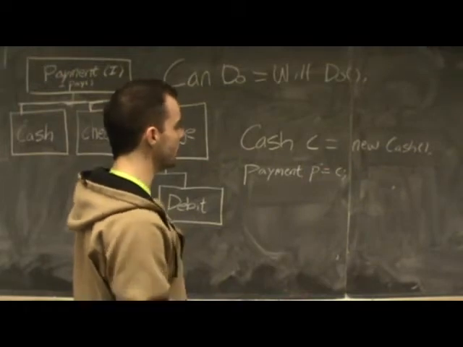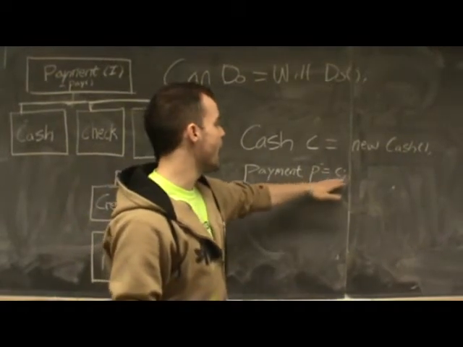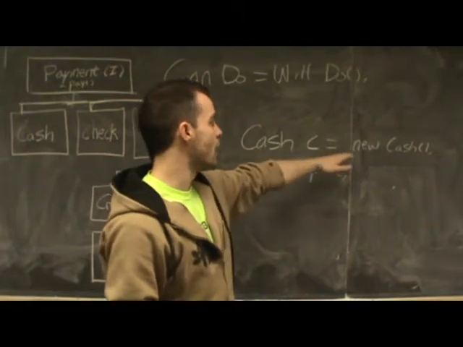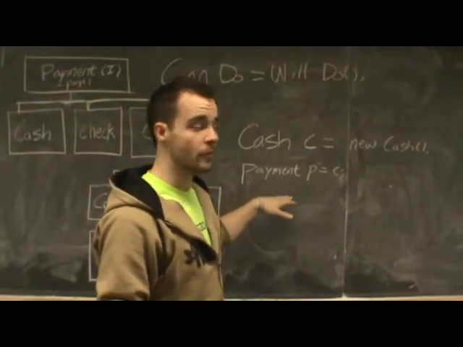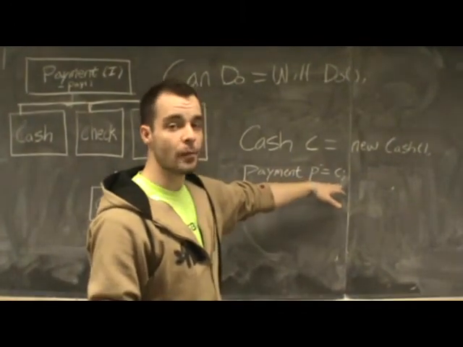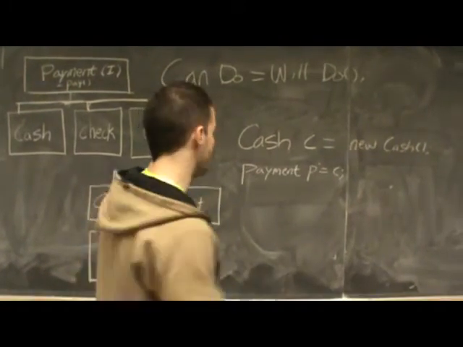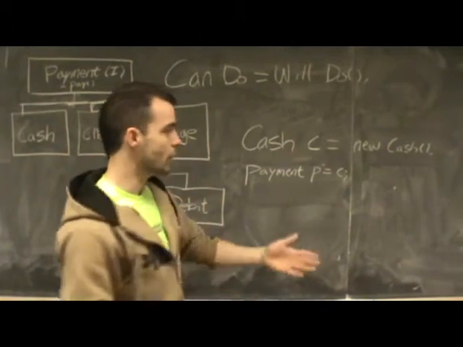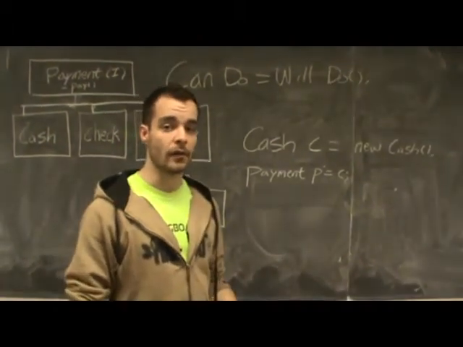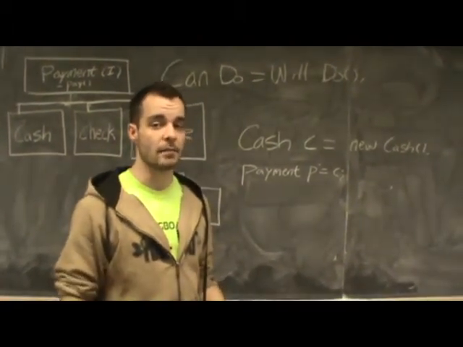Basically it casts this cache object up to a payment object, but because it's still a cache object, what it actually points to will have the exact same behavior. So C.pay 200 and P.pay 200 are going to do the exact same thing.